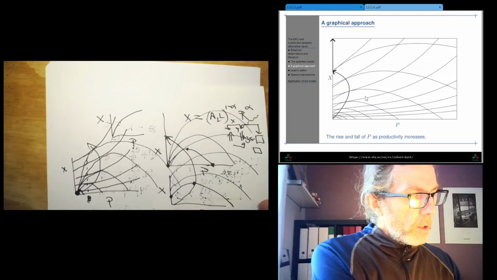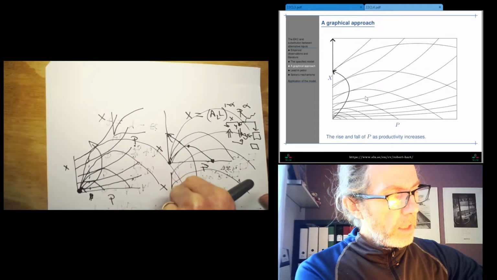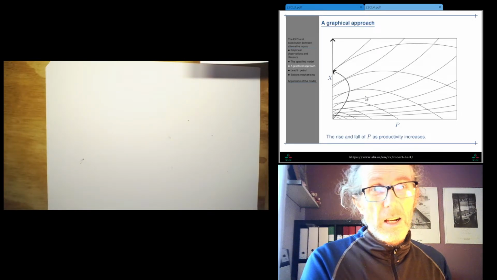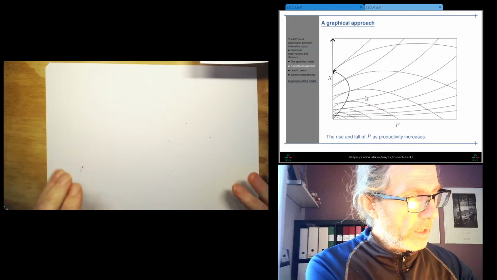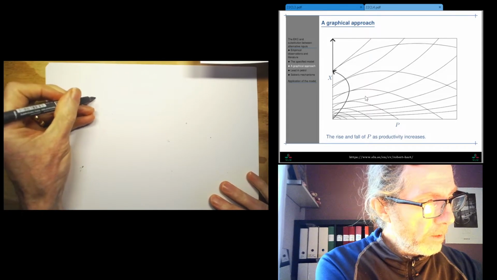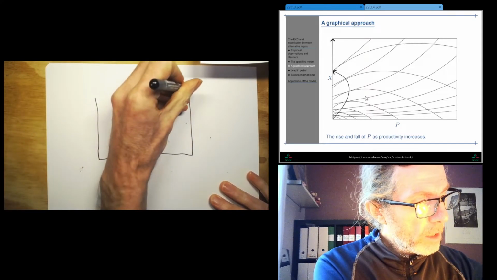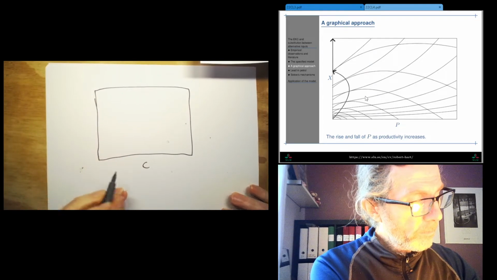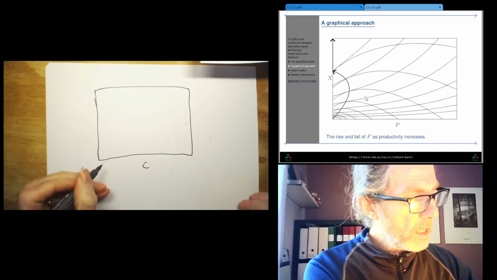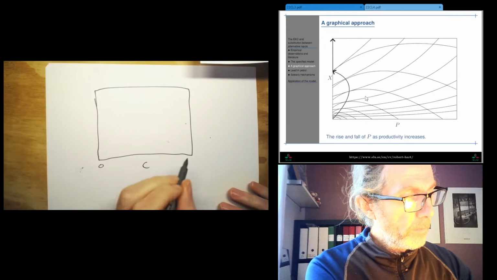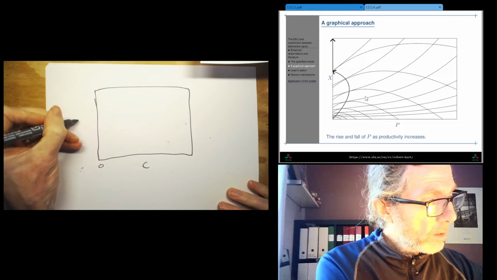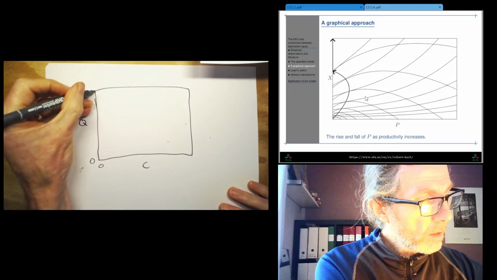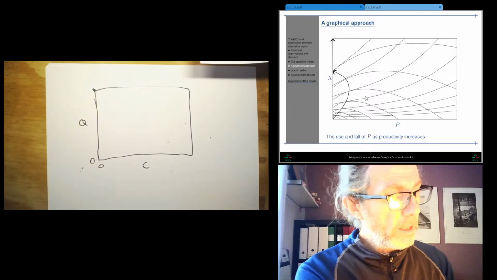We can also flip this picture. I did this after a lecture the other day with two or three of you. Okay, this is consumption, so I've replaced the X by a C now. This is environmental quality, so this is perfect environmental quality.